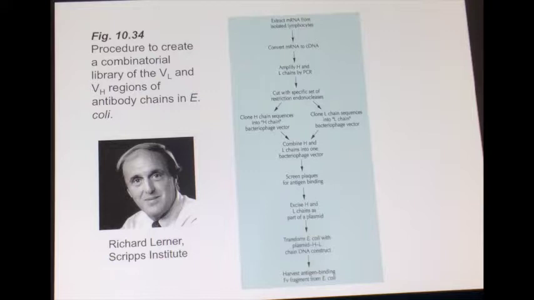They can then put specific restriction enzyme sites in those fragments and clone them into vectors that they've designed. I'm going to show you the vectors, and they're really quite simple.